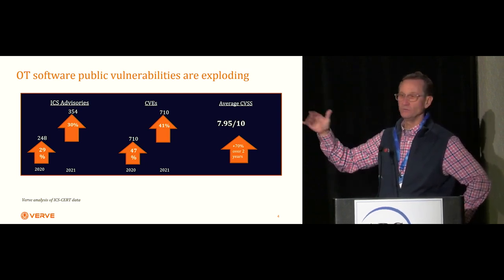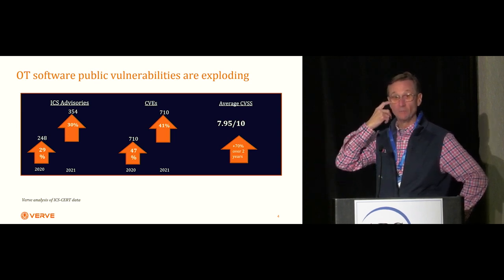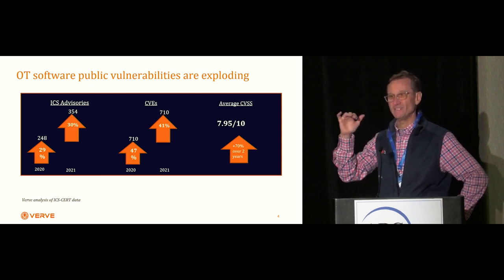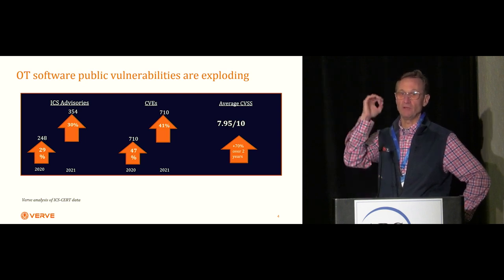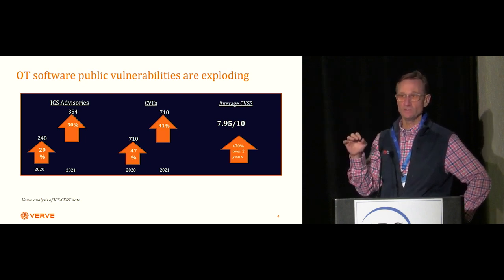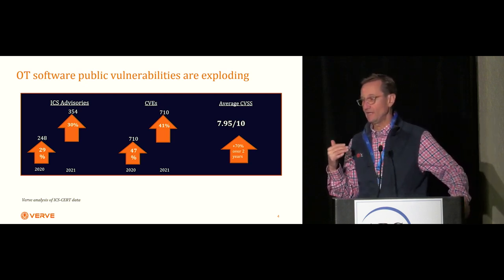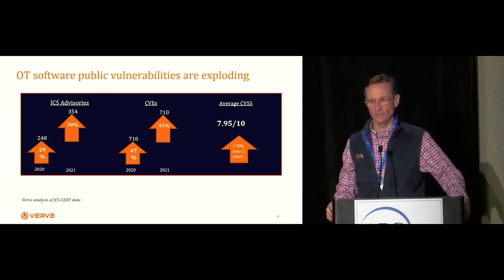And 2022 looks equally high growth in terms of the number of vulnerabilities out there, both advisories as well as the CVEs, which sit within those advisories. You can have one advisory and multiple CVEs within that. And the average CVSS score is up about 70% over the last couple of years, so the criticality of these vulnerabilities is also going up.